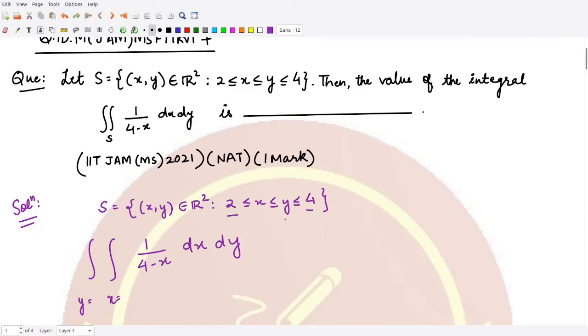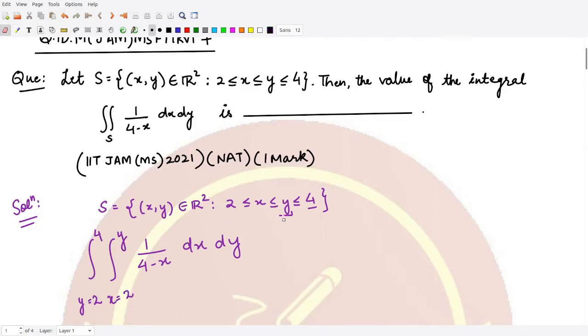So y lies between 2 and 4. And what about the limits of x then? For the limits of x, we would see this much portion only and we can ignore this, because we are taking this to be dependent on y. So the limits for x vary from 2 to y. This is how you write the limits.